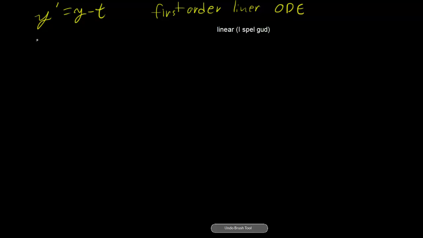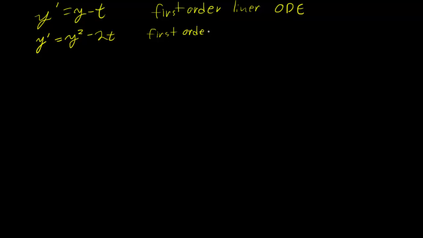If I have y prime equals y squared minus 2t, this is once again a first order ordinary differential equation, but it is nonlinear. This is because it's y squared. I could also have y double prime equals y squared, and this is a second order nonlinear ODE.